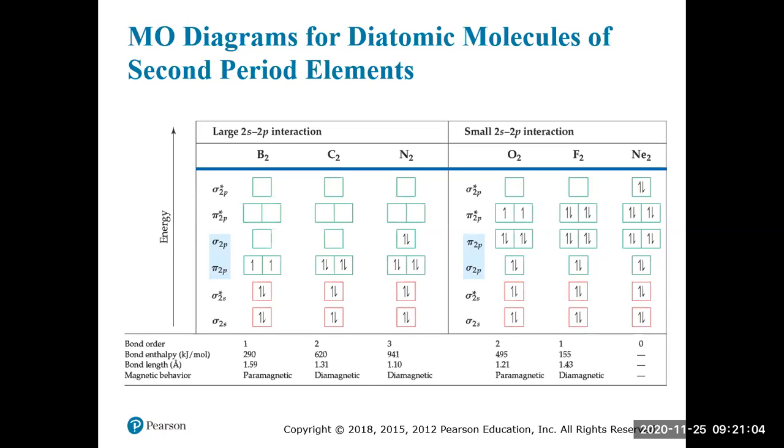As we move along and have smaller interaction between 2s and 2p, those energy levels change, and now suddenly we have sigma 2p filling before pi 2p. Then we start having some of the antibonding pi orbitals as well, and finally with neon, we actually get to the antibonding 2p.